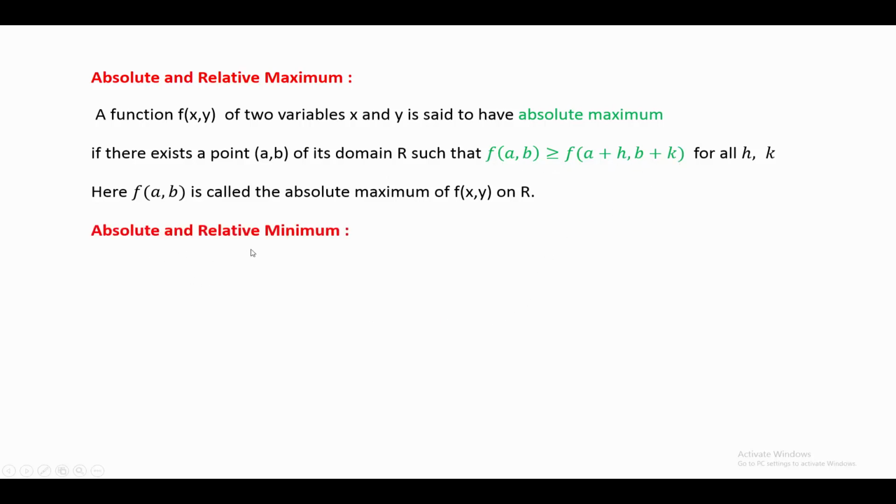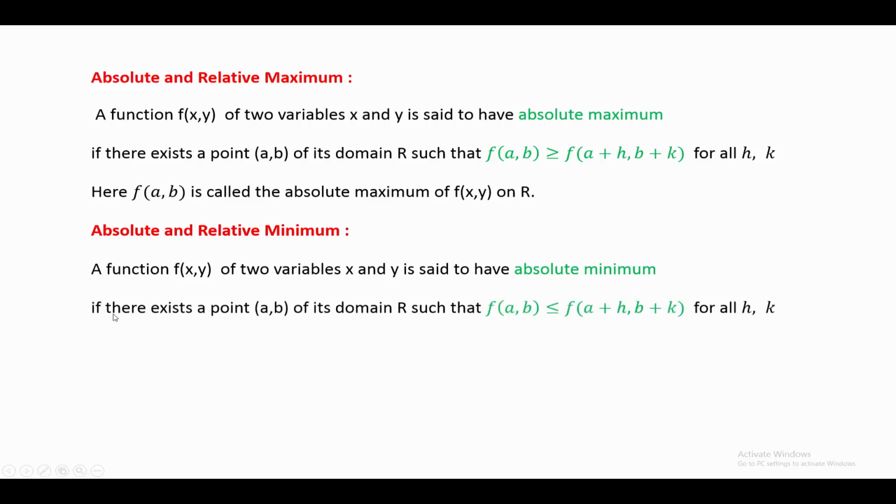Similarly, absolute and relative minima. A function f(x,y) of two variables x and y is said to have absolute minimum if there exists a point (a,b) of its domain R such that f(a,b) is less than or equal to f(a+h, b+k). Means f(a,b) is the minimum value for all values of h and k.